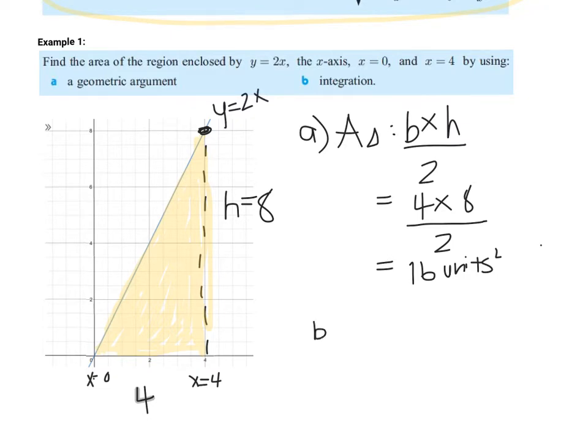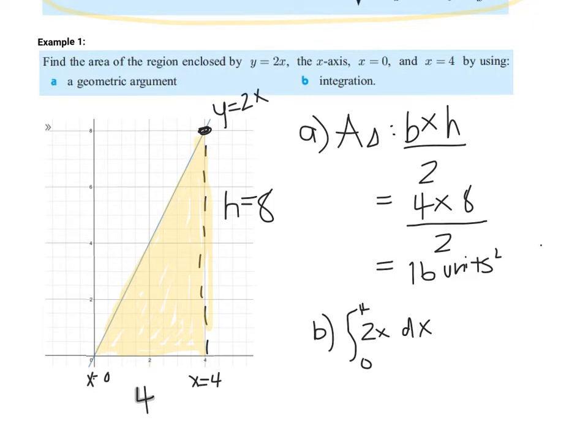Let's take a look from the perspective of integration. So if we're using integral calculus to find the area underneath this curve, what we're really looking for is the definite integral of 2x dx between 0 and 4. So we've got to be able to take the definite integral of 2x.